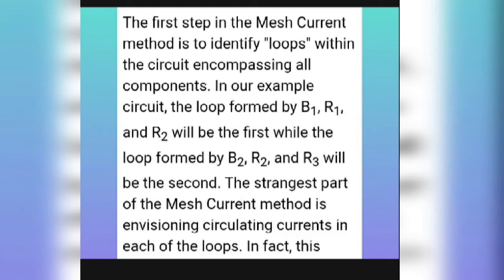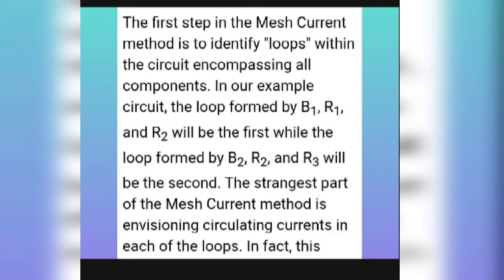B1 means battery 1, shown in the picture as 28 volts, R1 is resistance 1 and R2 is resistance 2. The second loop is formed by B2, R2 and R3.